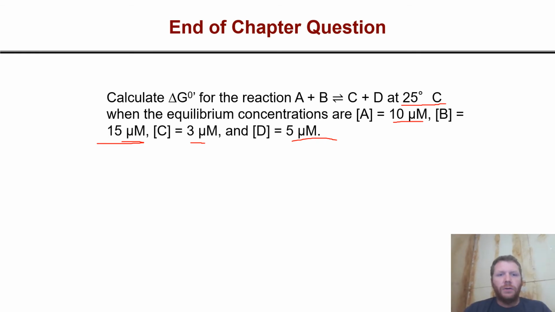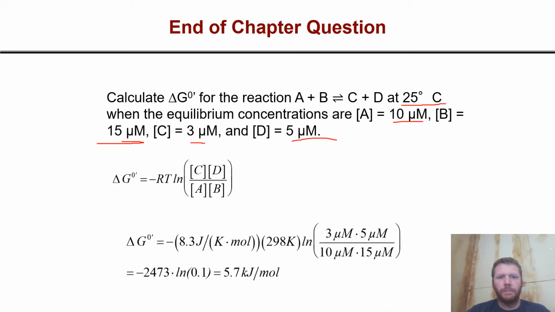naught prime is equal to negative RT times the natural log of Keq. So we have our equilibrium concentrations, as I described earlier, and we can set this up this way. Delta G naught prime is equal to negative RT times the natural log of the concentrations of our products divided by the concentrations of our reactants.